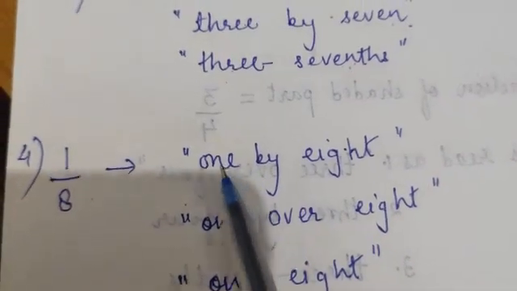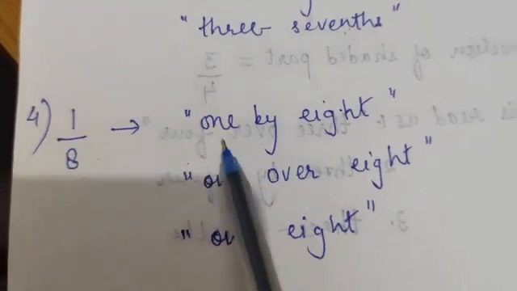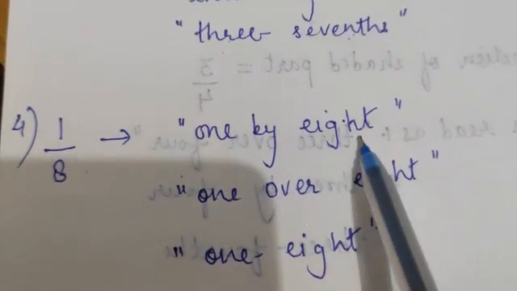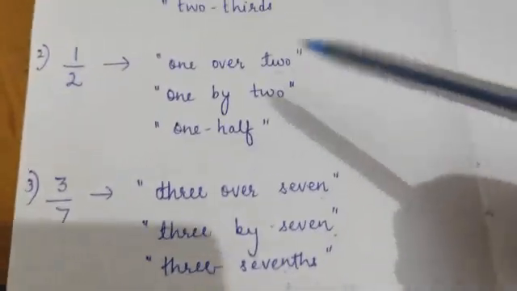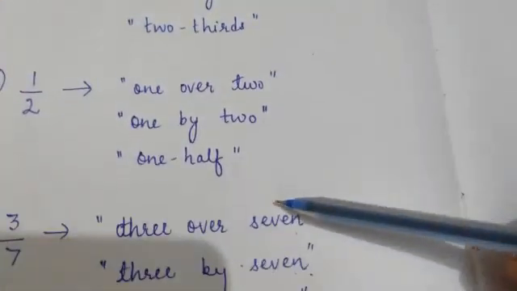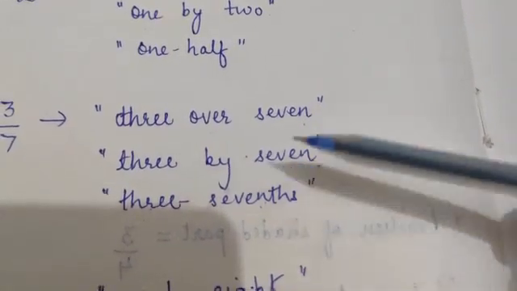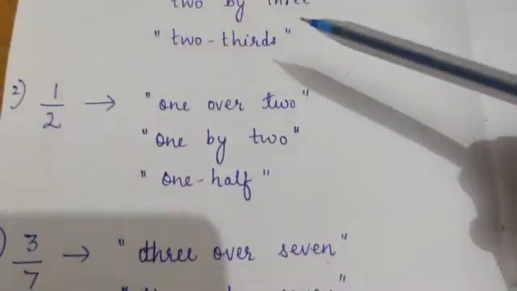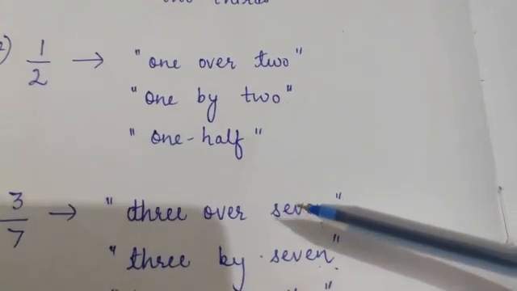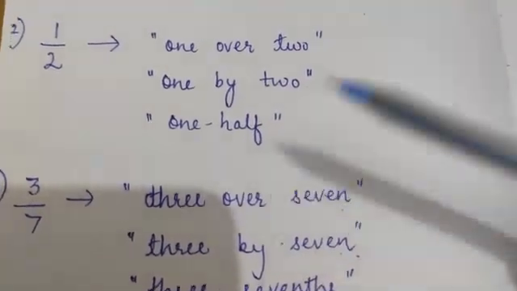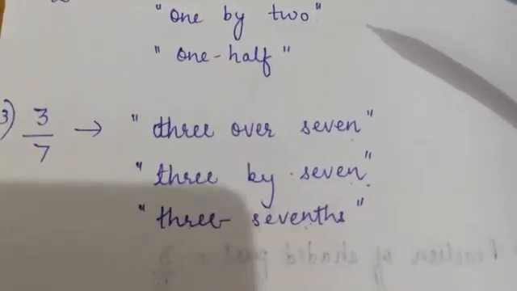Then the last one, 1/8. So you can write it as 1 because it is the numerator, so it will come first, 1 by or over 8. ठीक है, आपको इन तीनों में से जो भी नंबर नेम और फ्रैक्शन नेम कन्वीनियंट लगे, आप उसे इजीली लिख सकें, आपको वही लिखना है. आप तीनों में से कोई भी एक नेम लिख सकते हैं या लिखना याद कर सकते हैं.